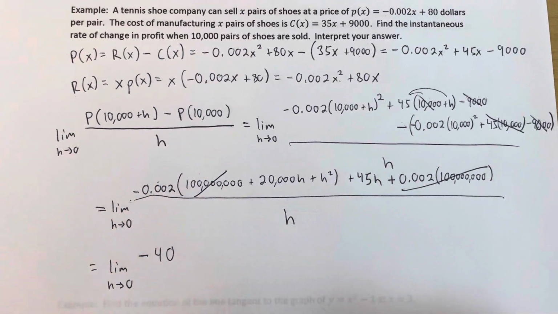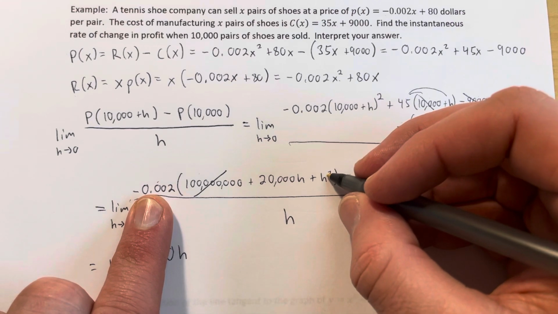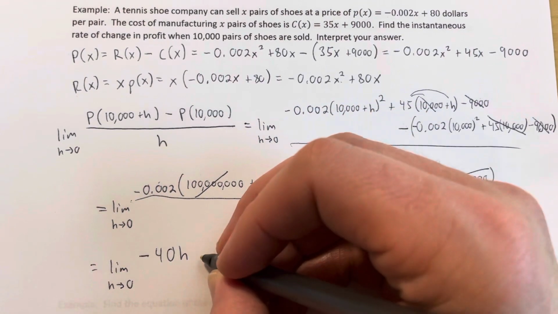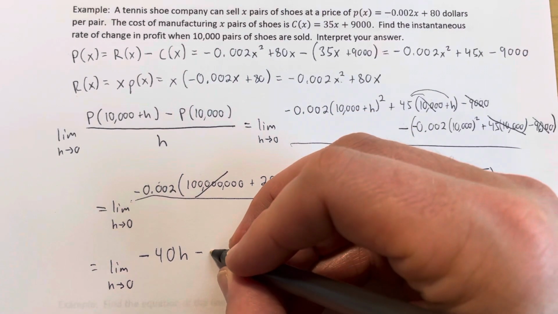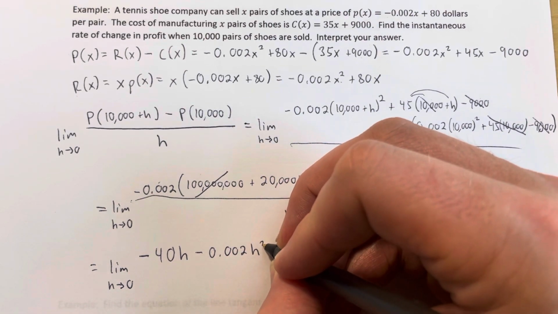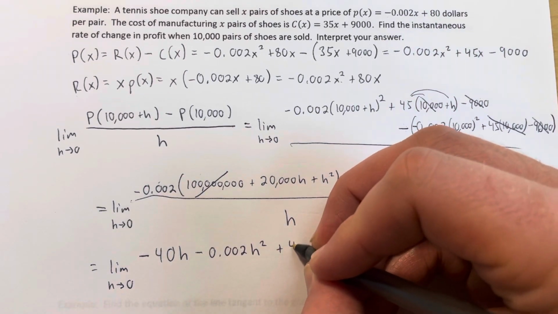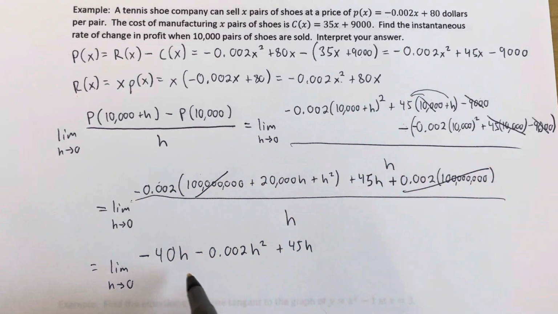So that's going to give me negative 40h. And then here, when I multiply to that h squared, I'm going to get minus 0.002 h squared plus 45h all over h.